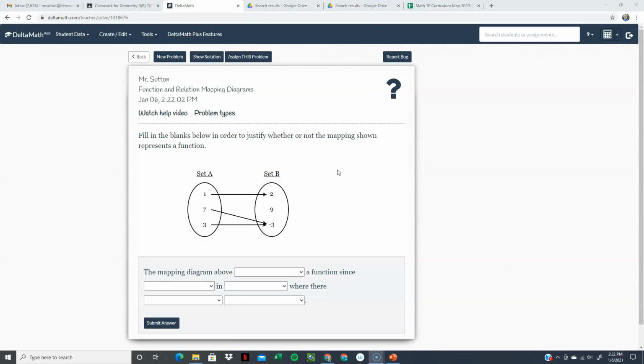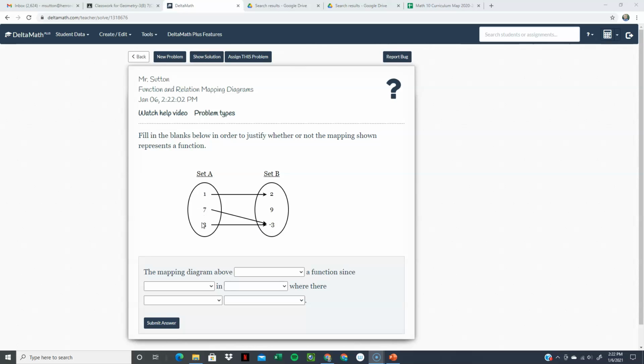This is where some people get confused because they see these inputs pointing to the same output and they want to say it's not a function because of that, but this is perfectly fine because each input is mapping to exactly one output. 1 maps to 2, 7 maps to only -3, and 3 maps to only -3 as well.